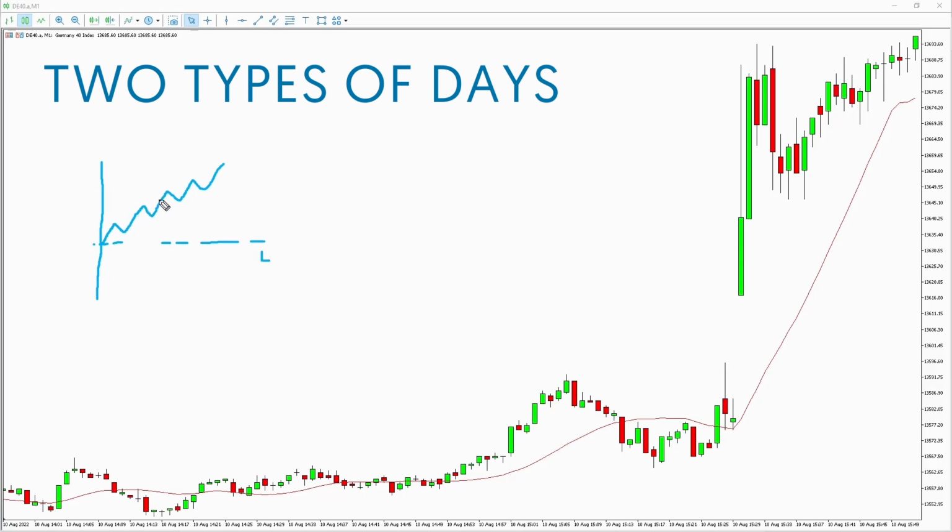But since we are on an uptrend for the day, every high that the price makes will tend to be broken very easily. So these are not the kind of highs of the day that we want to trade.